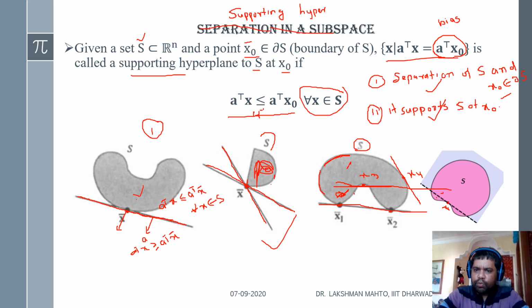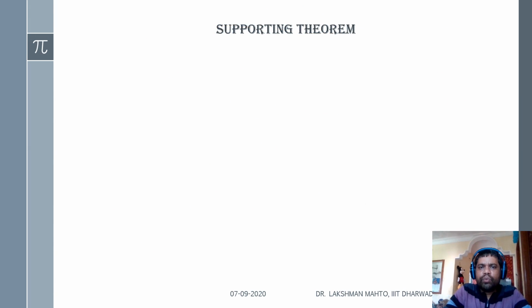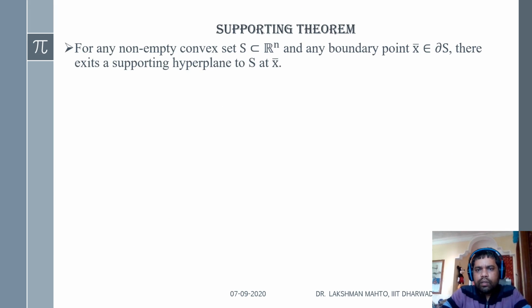There are elements on this side, also this side, both sides have elements. So that's why we are not able to find a separation from the supporting hyperplane. For the non-convex case it is not always possible, but for the convex case we always get a supporting hyperplane at every boundary point.